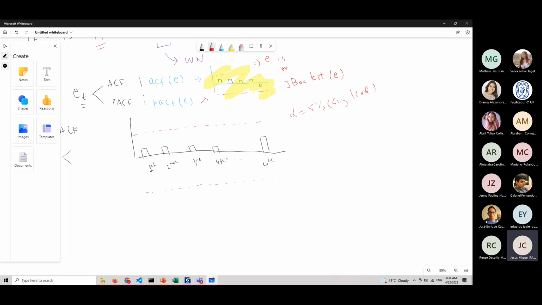That is the problem with the individual correlation test, because you're running the test for each one of these, and you can make one mistake over these 20 autocorrelations, because you are expecting that.